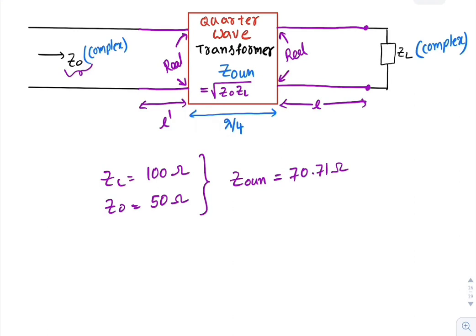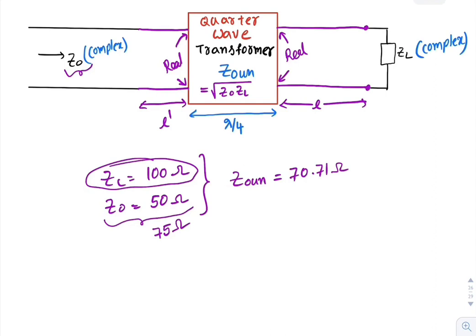Now designing this quarter wave transformer whose characteristic impedance is 70.71 ohms is a difficult task, because the characteristic impedance of a standard cable, in most of the cases, is either 50 ohm or 75 ohm, but the load impedance will vary as the application varies.